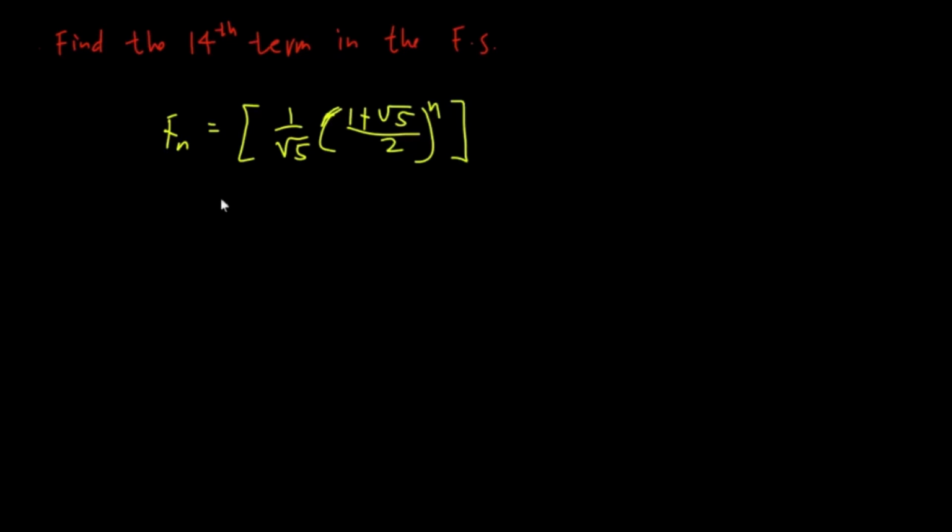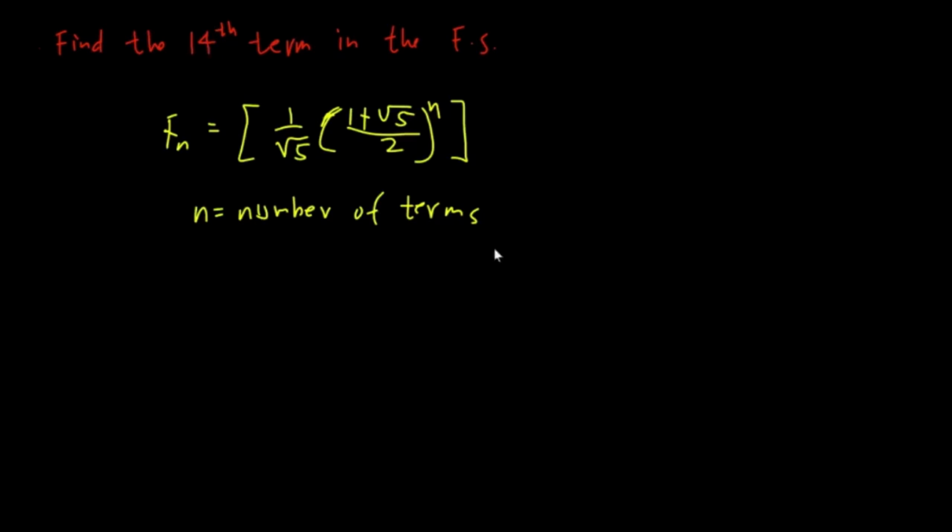Okay, so our n here is the number of terms. We can get our number of terms from the problem, which says 14 terms. So the number of terms of our sequence is 14.